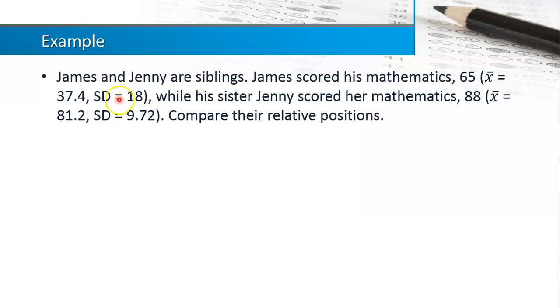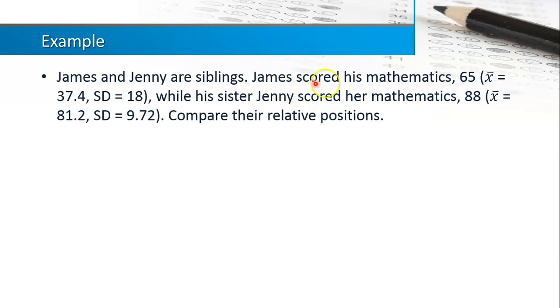Okay, this is another example, with two different persons. James and Jenny are siblings, but they are not from the same class.